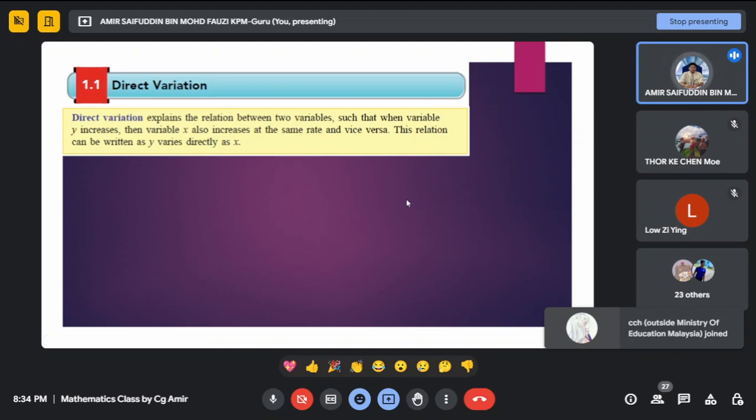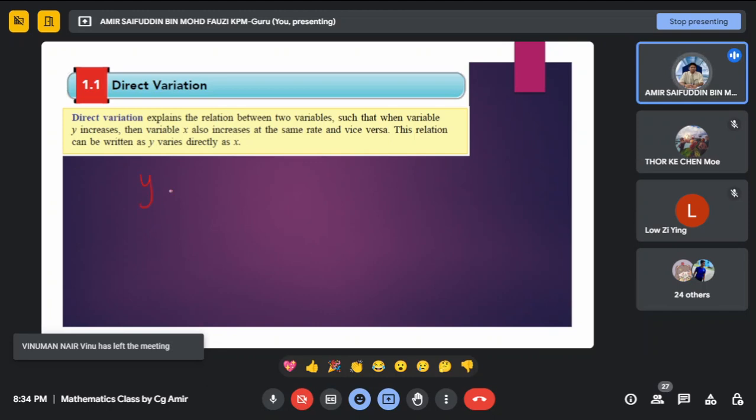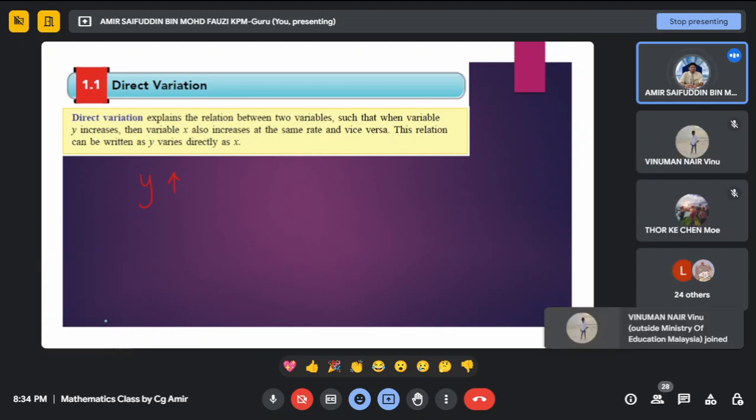Direct variation explains the relation between two variables such that when variable y increases, then variable x also increases at the same rate, and vice versa. We already discussed this one. Let's say you have two variables, y and x. I change my pen color first to blue.